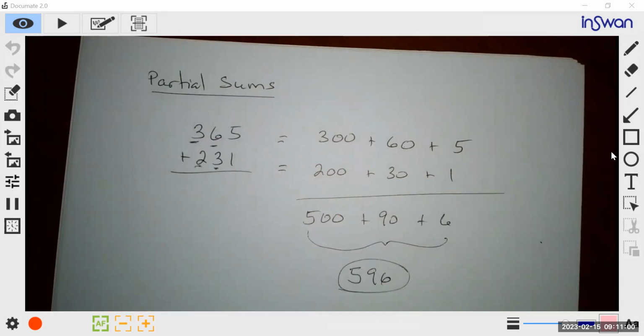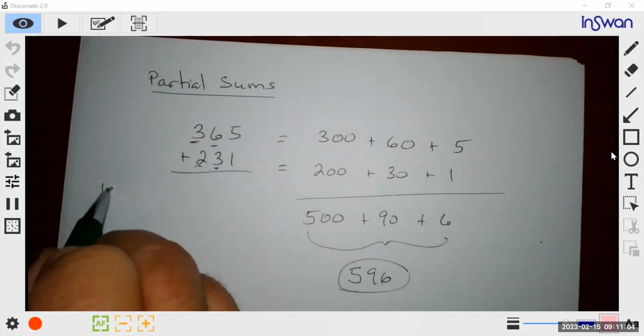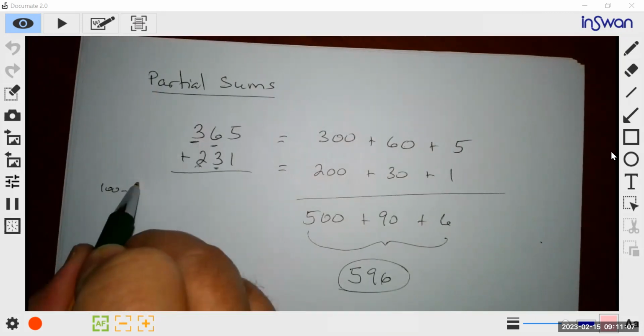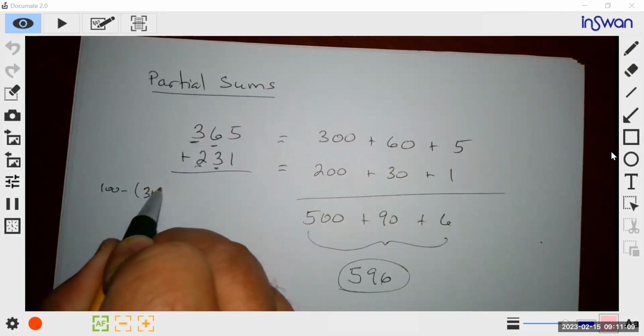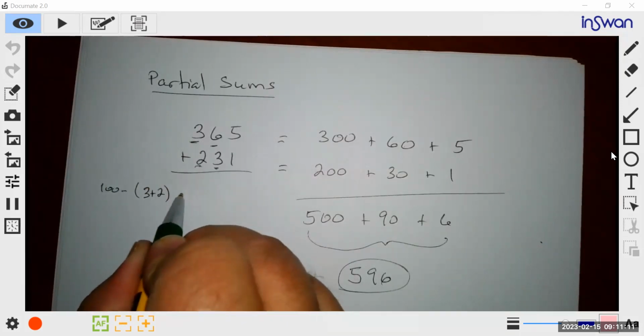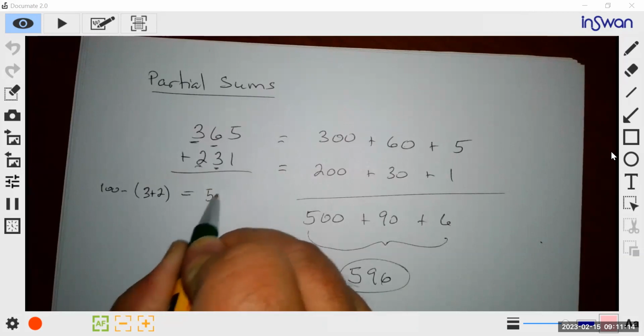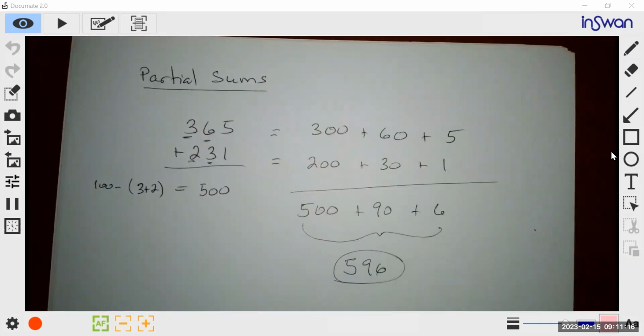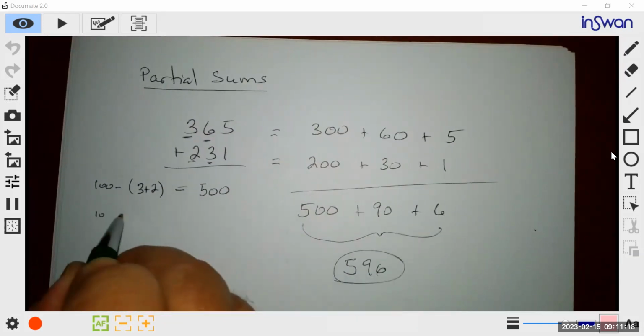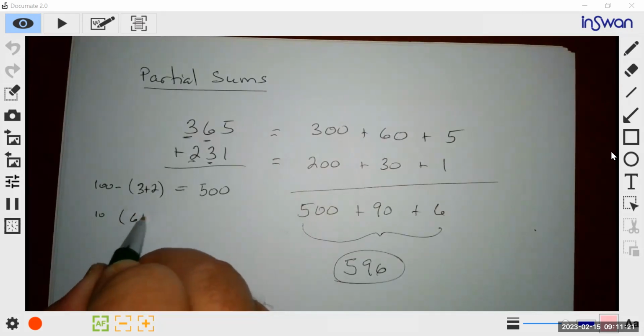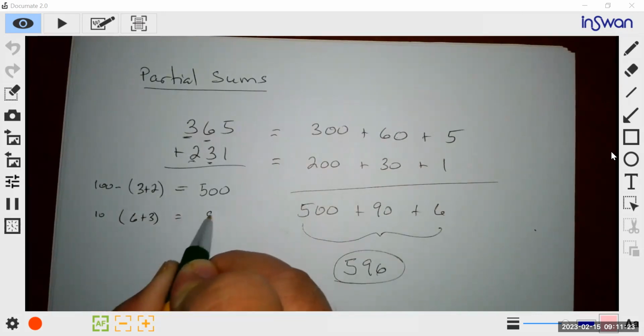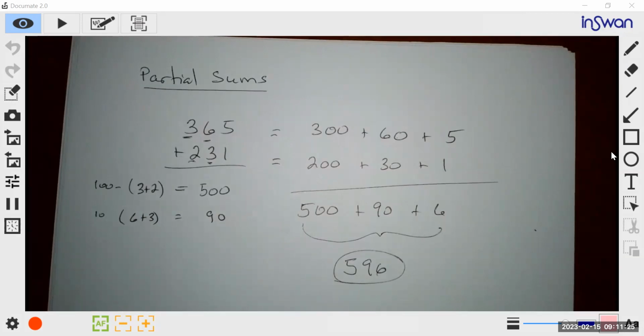Or you could do it straight down. In the hundreds, we have 3 plus 2 equals 500. In the tens column, we have 6 plus 3, which is 90. And in the ones, we have 5 plus 1, which is 6.